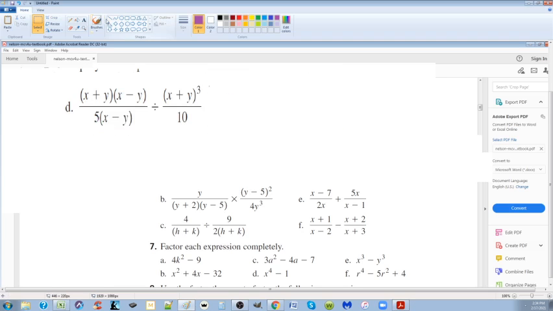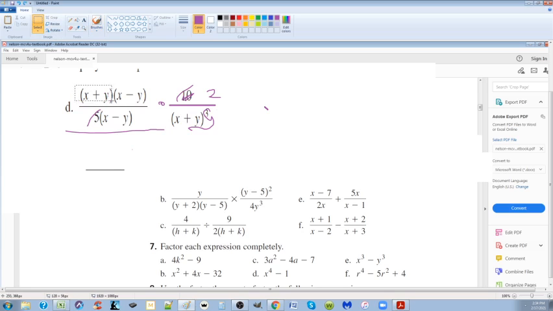Well, this is the same as saying I have this entire fraction divided by this entire fraction. What's the rule? I keep the first fraction the same, and I multiply by the reciprocal of the denominating fraction. So I multiply instead by this. Right away, I can see the 5 is going to cancel into the 10, and I'm going to be left with 2. And I can see I have 3 of these and 1 of these.